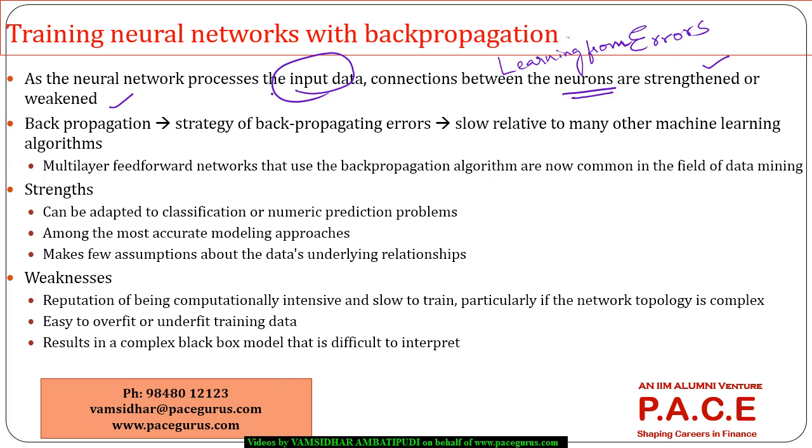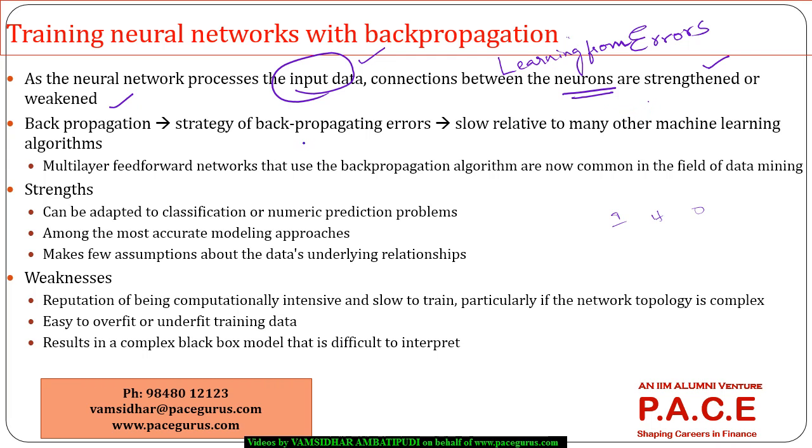Now this is where we are talking about different kinds of algorithms. Based on the processing of the input data, between the neurons in the input layer, hidden layer, and output layer, their connections can be either strengthened or weakened.